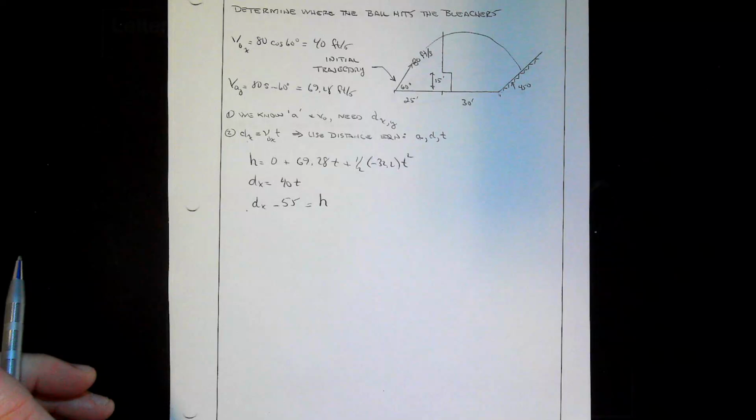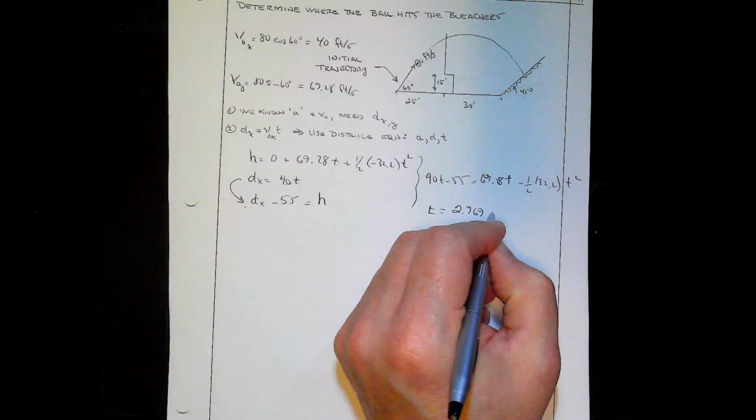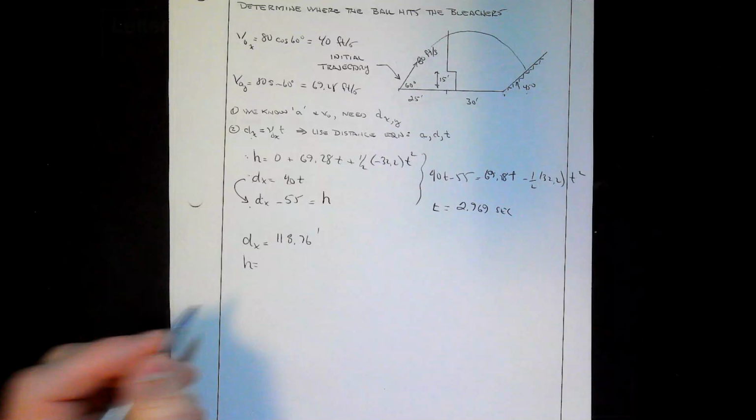So let's start with V0. V0 in the x will be 80 cos 60. That works out to 40. So it's initially going at 40 feet per second in the x, and we can just stick that in here, and so as a function of time, bam, we know where it is.